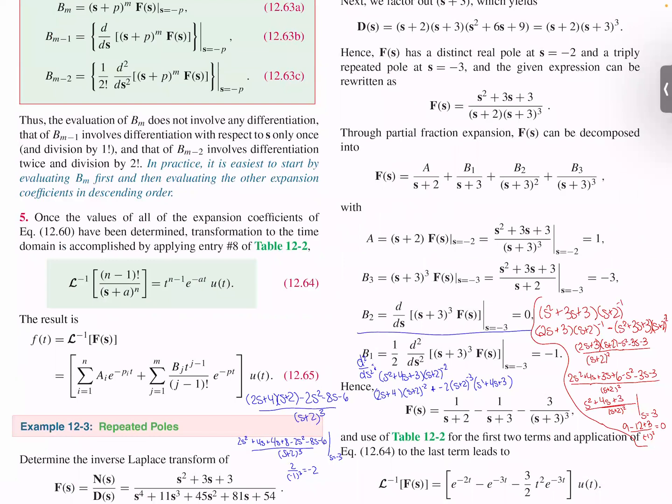So the first one for A, you would just multiply it by s+2 and then evaluate it at s equals -2. And then for B1, B2, and B3, you take the derivative of each one.